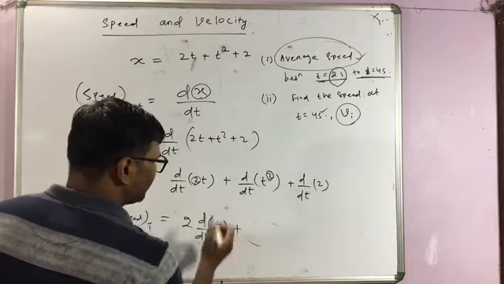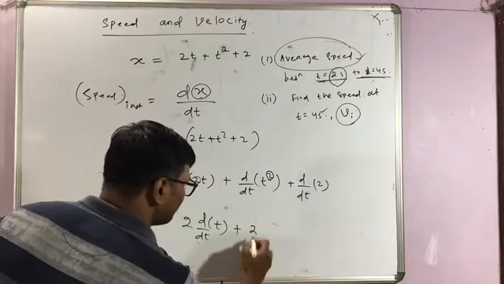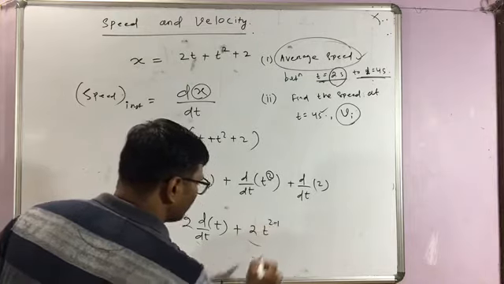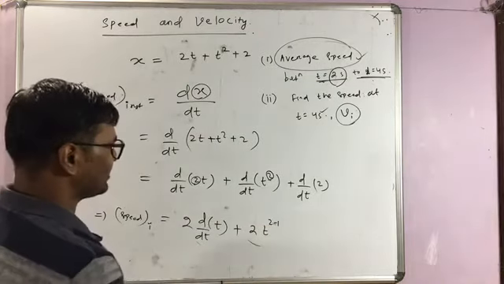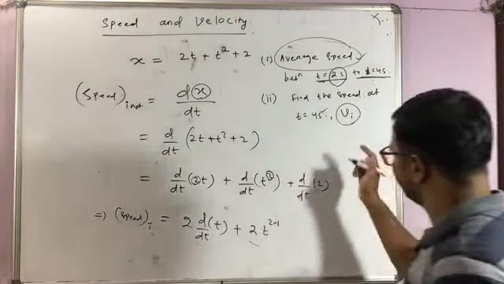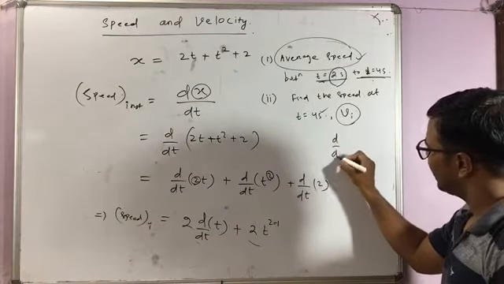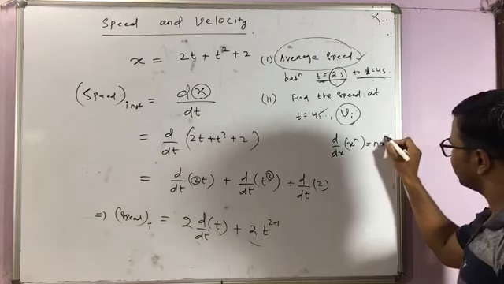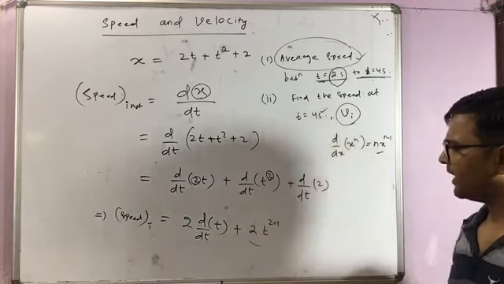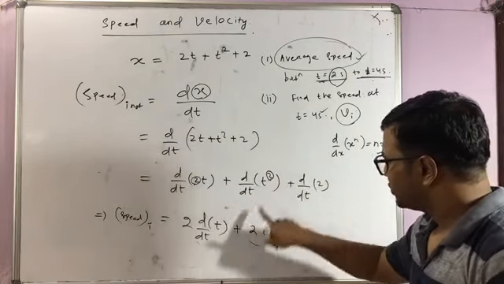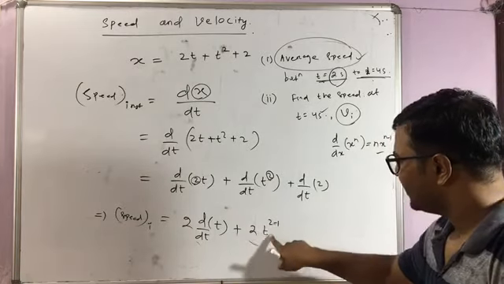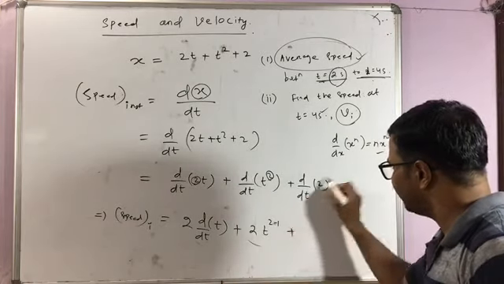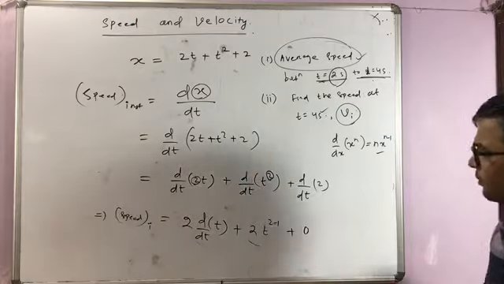Here the power of t is 2, so it is 2t to the power 2 minus 1, according to the formula I have just applied here. The formula, let me tell you again: d by dx of x to the power n is n x to the power n minus 1. That formula I have applied. n is 2, t to the power 2 minus 1. Derivative of any constant is 0.